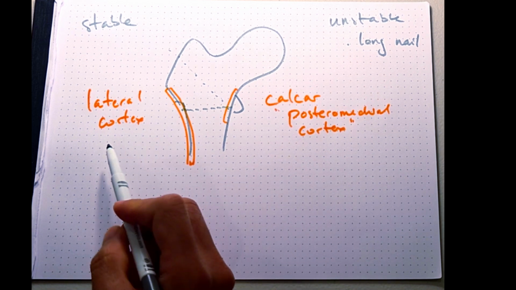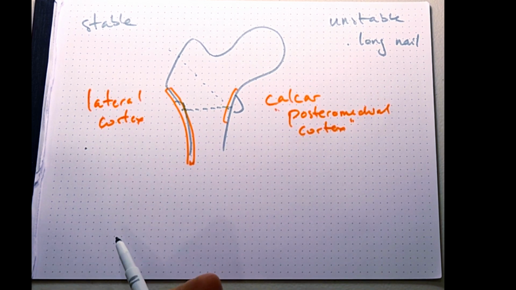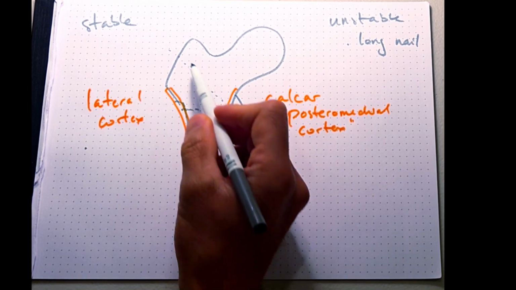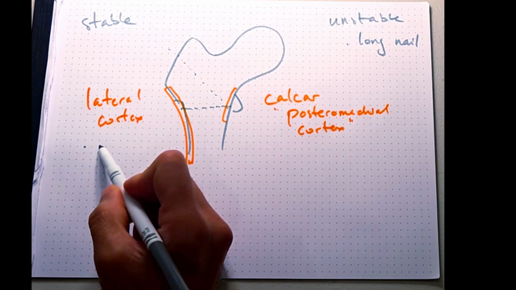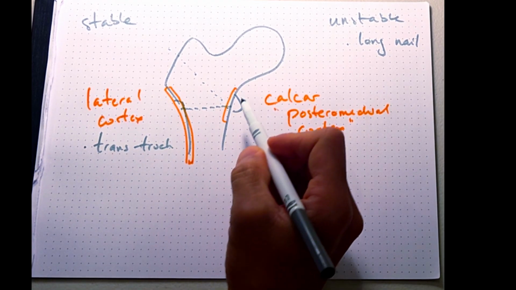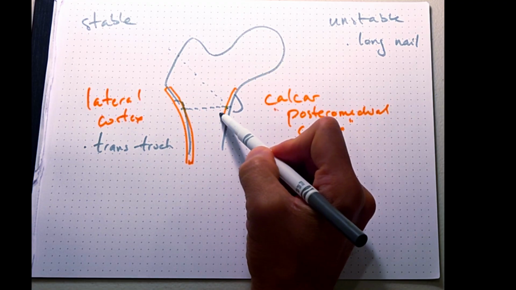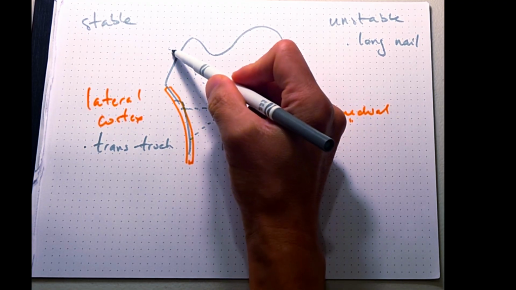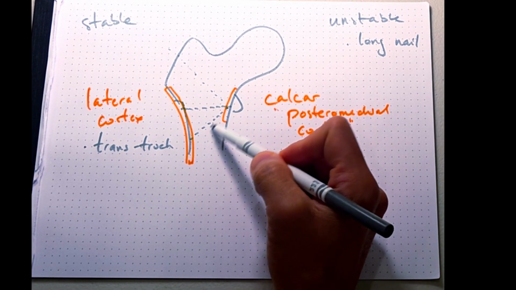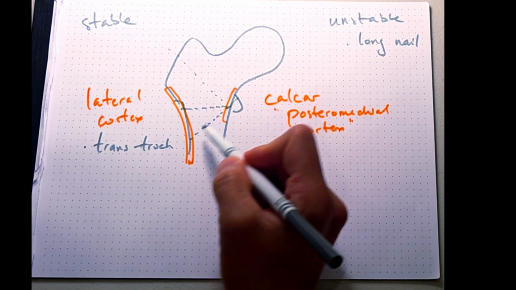There's actually a name for this, which I didn't learn while I was training, but I learned since then. It's called trans-trochanteric. It's not intertroch, it's through the trochanters. If you bring that line even further, so that if this is an oblique fracture you reverse the obliquity of it, we call this a reverse obliquity.